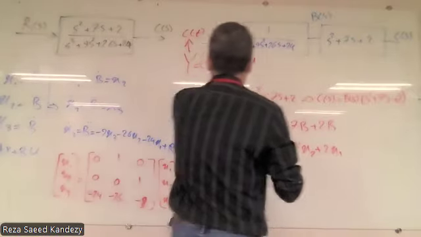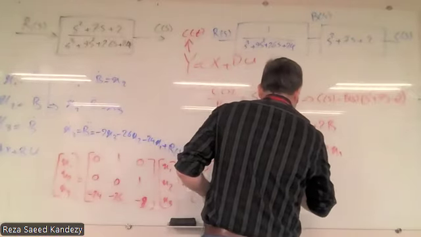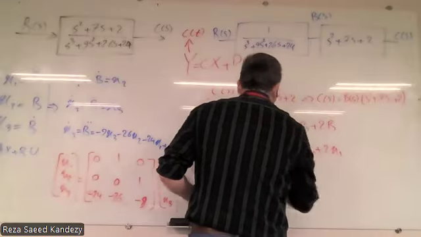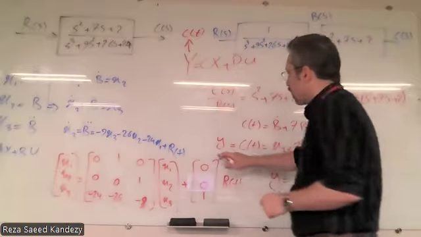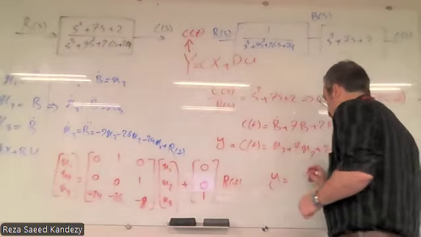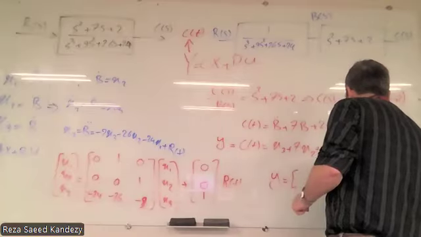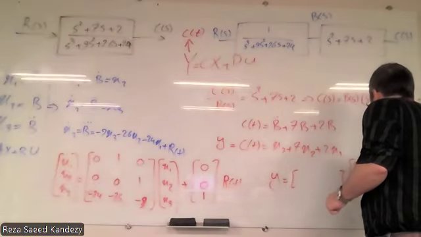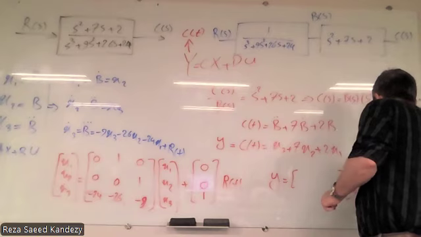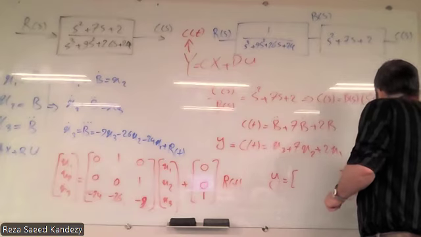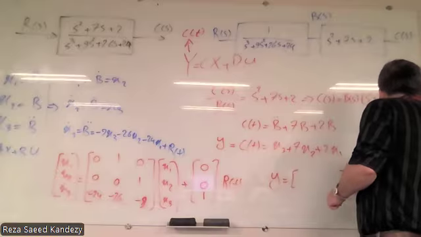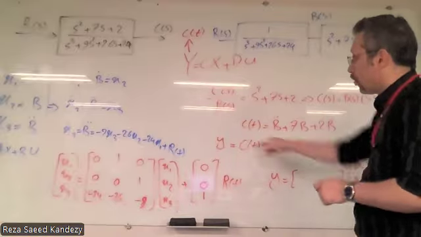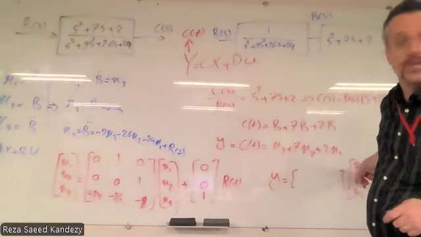So, such an equation. My y, the vector y, which is only one variable, is going to be a matrix times my state variable plus another matrix times my input, the whole input of the system, which is R(t).